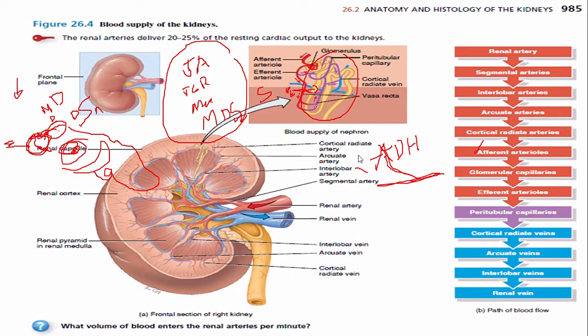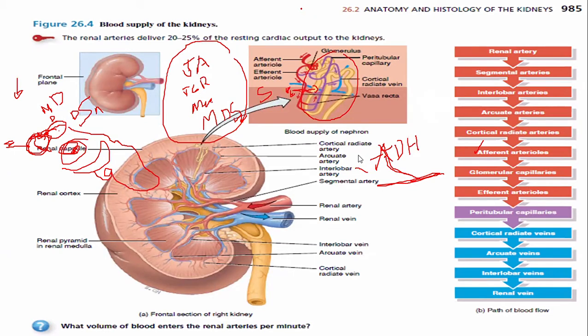Sometimes, right after they were filtered here, most of the substances will be filtered here. Right after filtration, they will be secreted out at the proximal convoluted tubule. They will be secreted to the lumen to be excreted out.